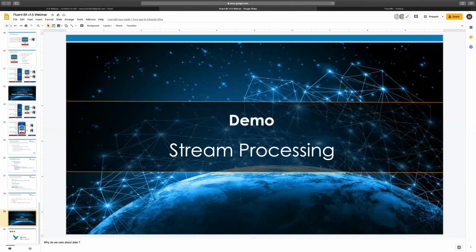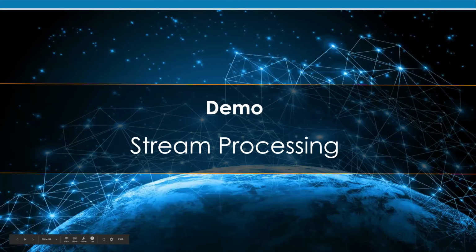So I think we are almost done with the demo and with the stream processing presentation. But possibly the final thing you can think of is to not see Fluent Bit only as a data collector, buffer, and router.